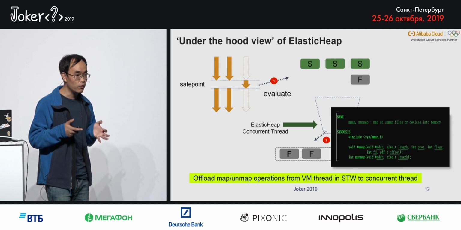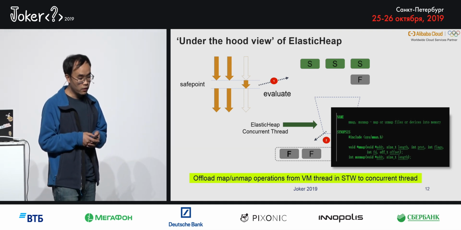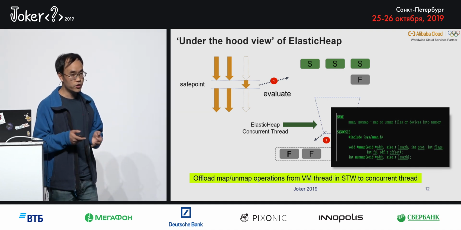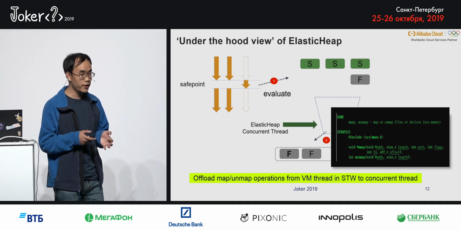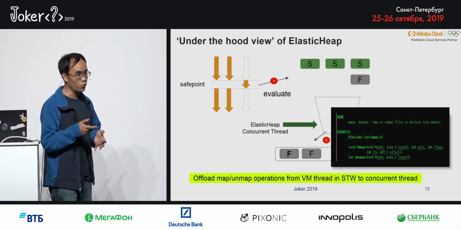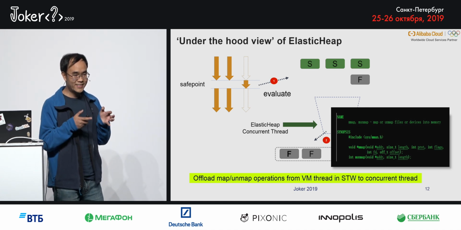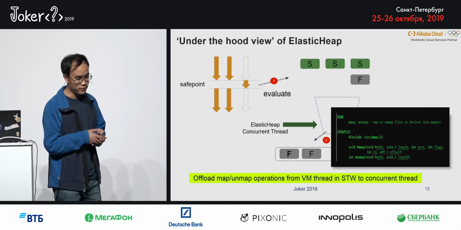So that's why we want to do it in the concurrent thread, not in stop-the-world time. So maybe you think the idea is very simple, but not the implementation. We need to deal with lots of details. For example, in this case, you need to deal with the synchronization between the VM thread and the concurrent thread.